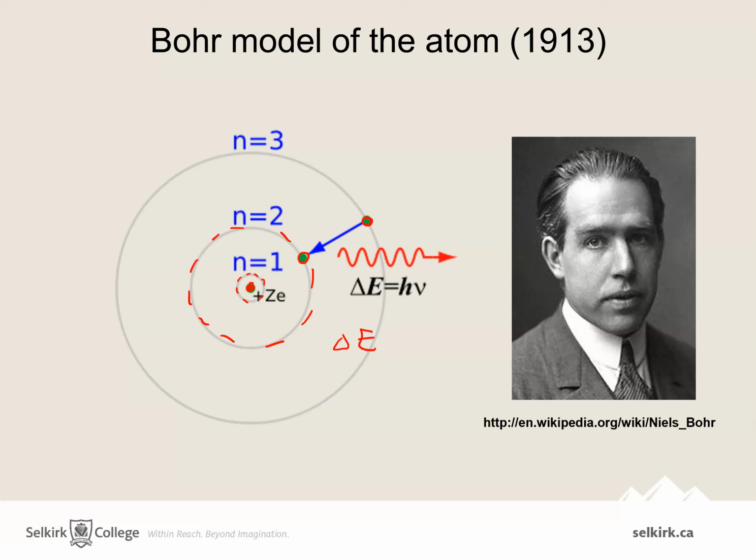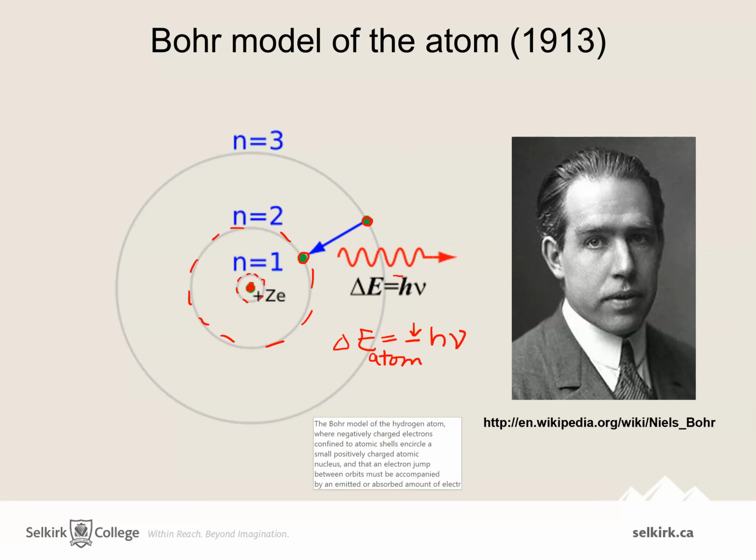Remember, on the previous slide, I said that the energy change for the atom is the negative of the energy of the photon. The energy that comes out of the atom when the energy is emitted will go into the photon. All right, now let's see how I'm going to do that calculation.